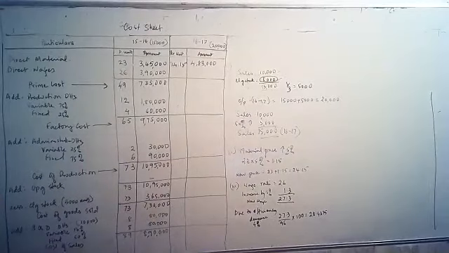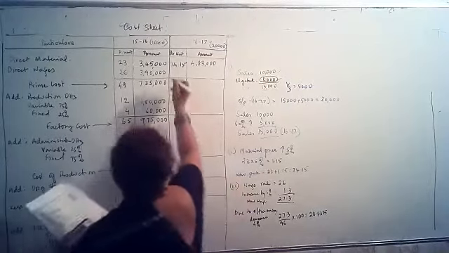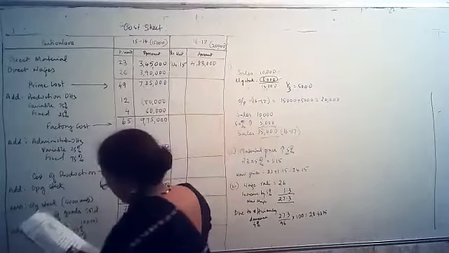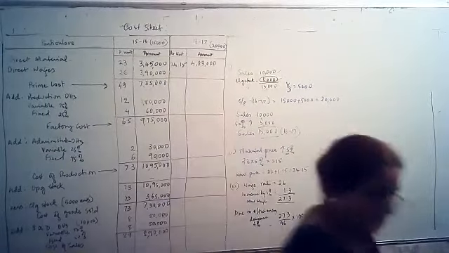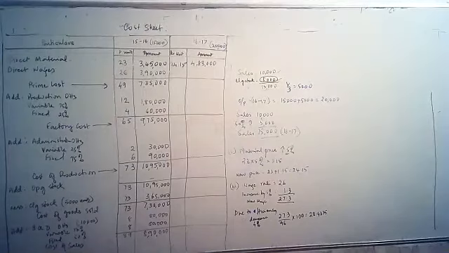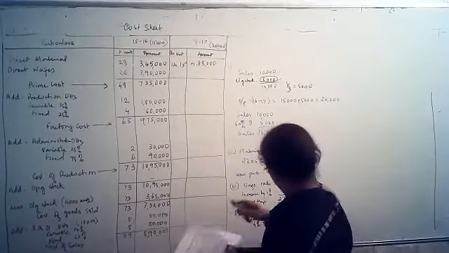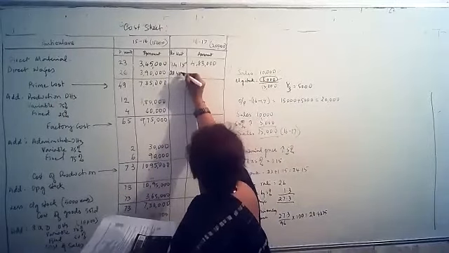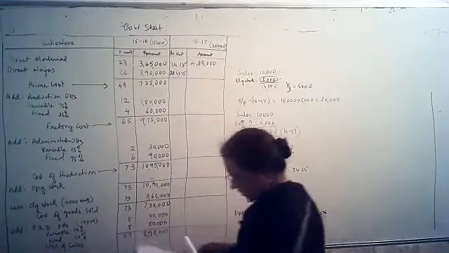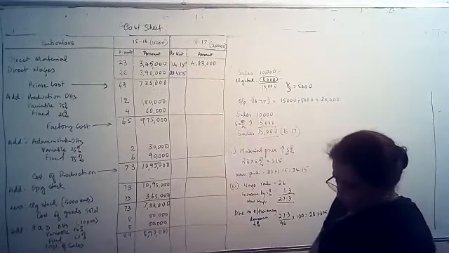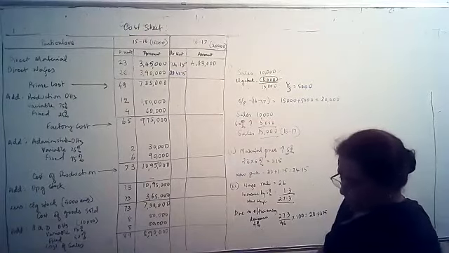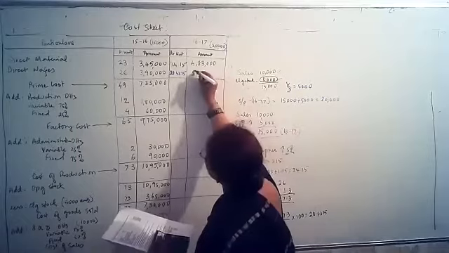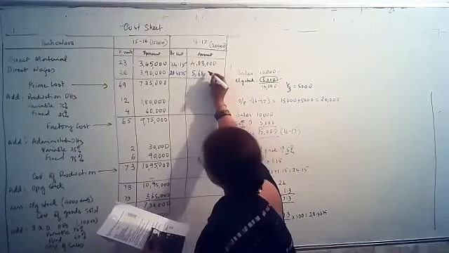So write down 28.4375. If I multiply 28.4375 by 20,000 units which I am manufacturing, my total wage cost is 5,68,750.